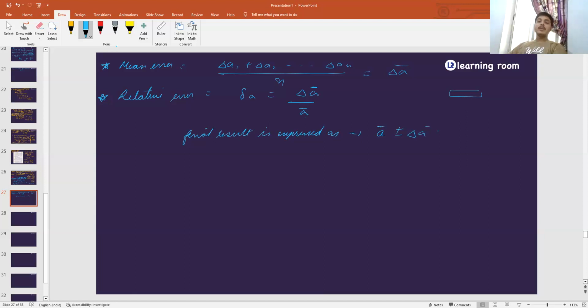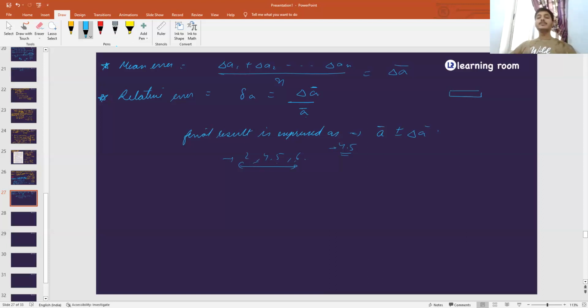For example, if I measured a quantity as 2, 4, 5, 6, I'm taking an example, and the exact measurement was, let us say, 4.5. Let us say 4 students measured the same quantity as 2, 4, 5, and 6. So what will we do?